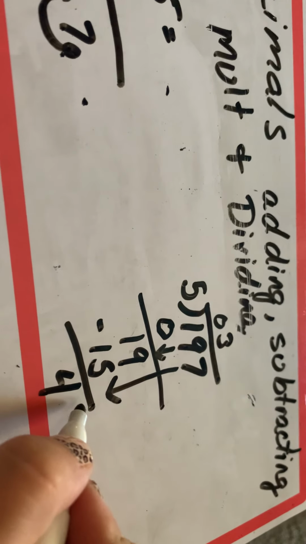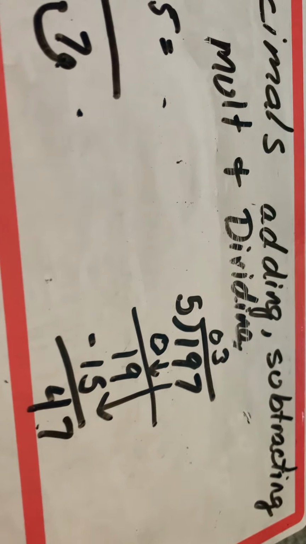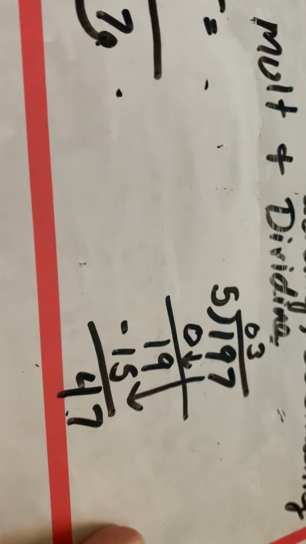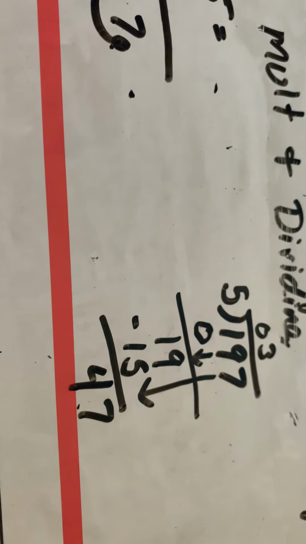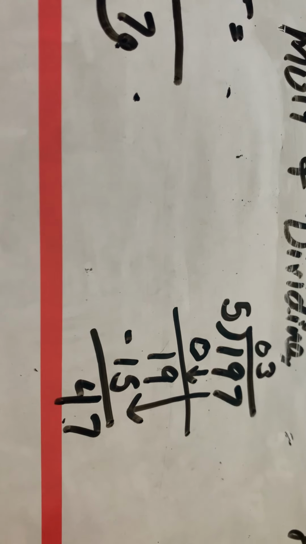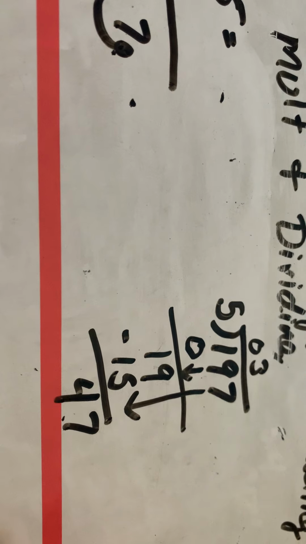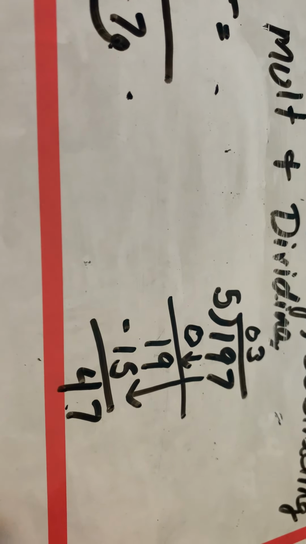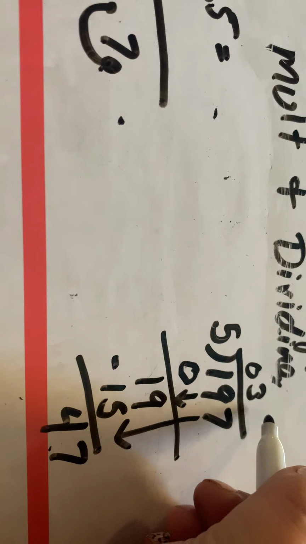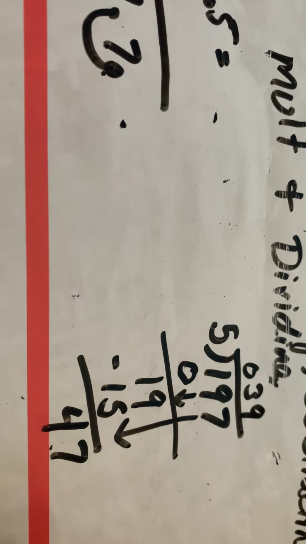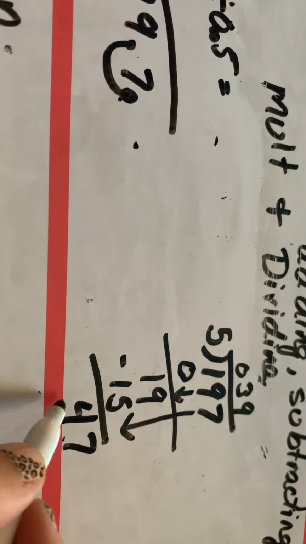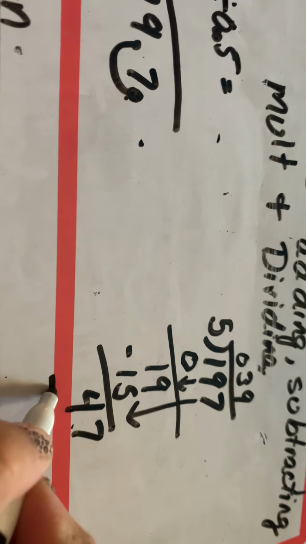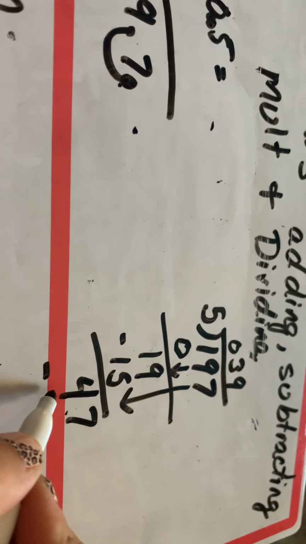Now we have 5 into 47. How many times does 5 go into 47? 9. Now 9 times 5 is 45.